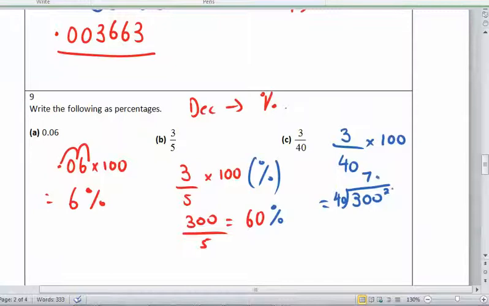Remainder, is it remainder 20? Okay, so therefore 40 into 200 goes 5. Now, that's going to be the same as 7.5%.